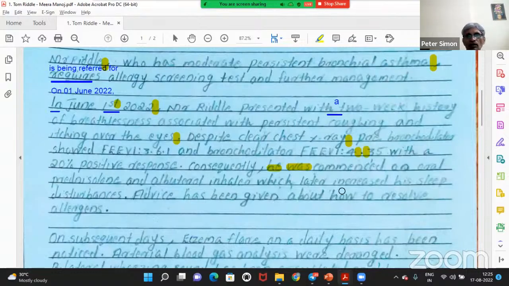Consequently, the C should be a little taller than the other letters. Consequently, comma, no space before the comma. Oral prednisolone and albuterol were commenced.